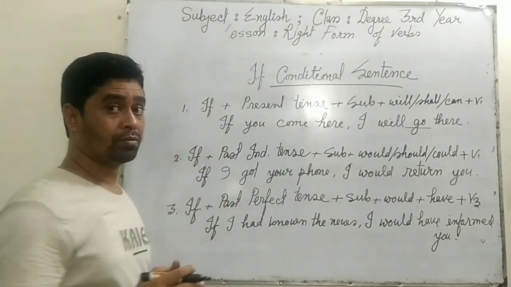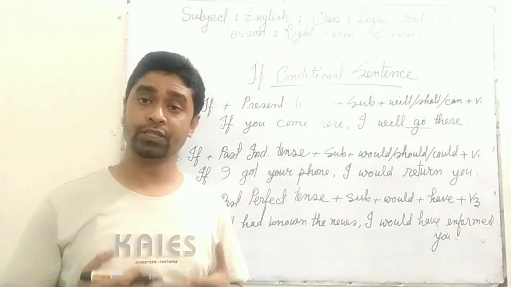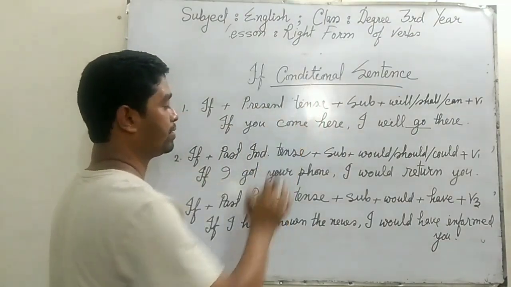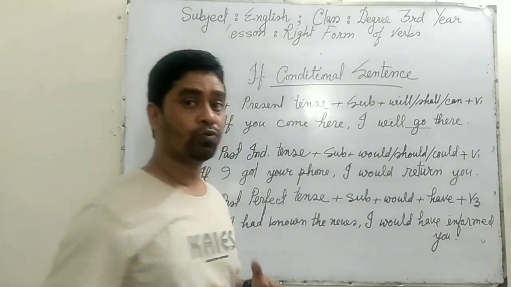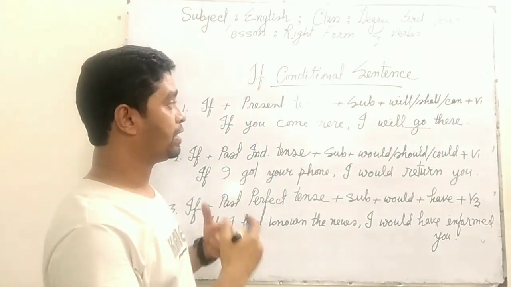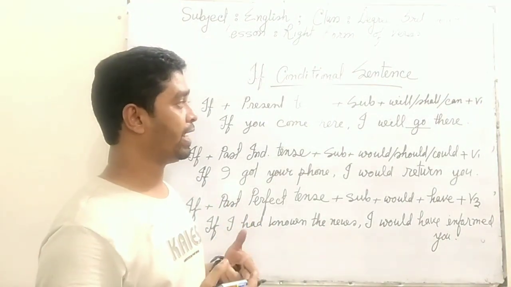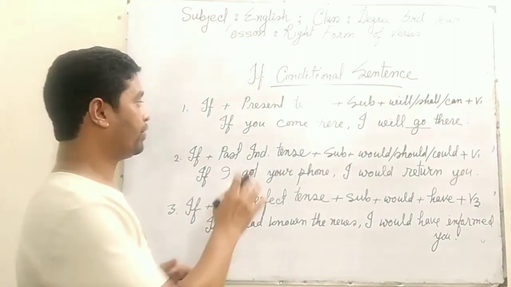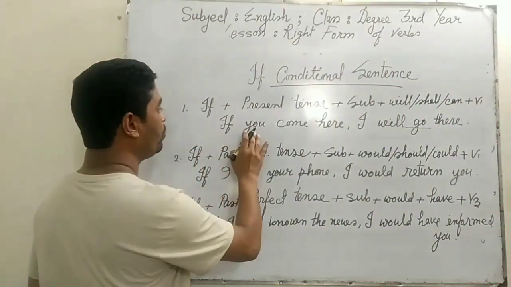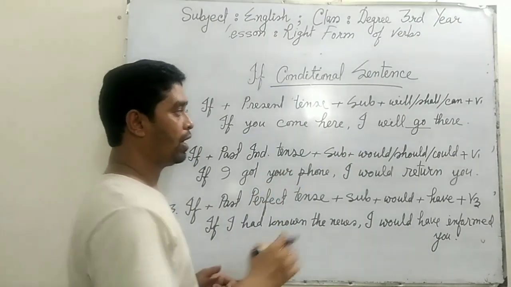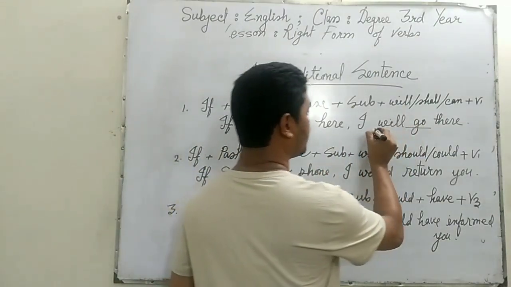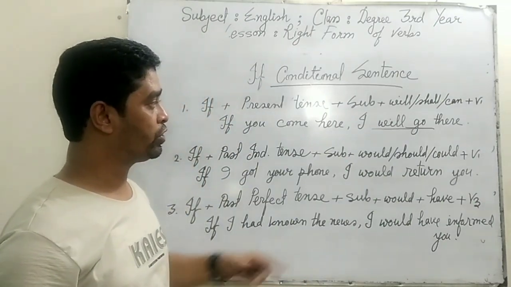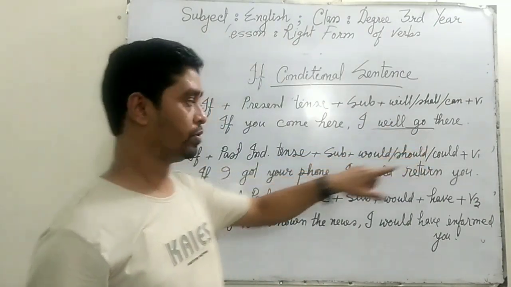If in a sentence we find if plus present tense, then we have to use subject plus will, shall, can, may plus V1. For example, if you come here, I will go there. In this sentence, we have used will go.